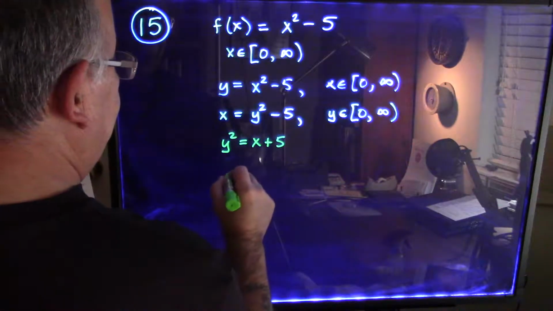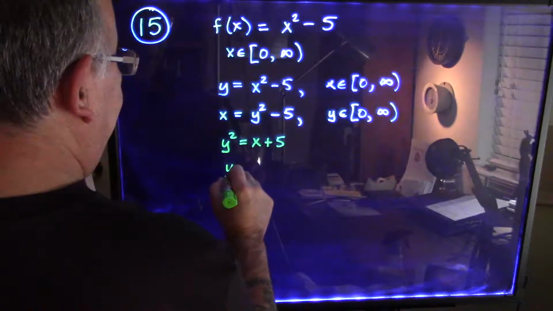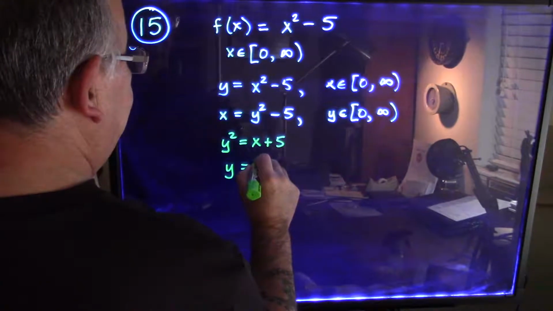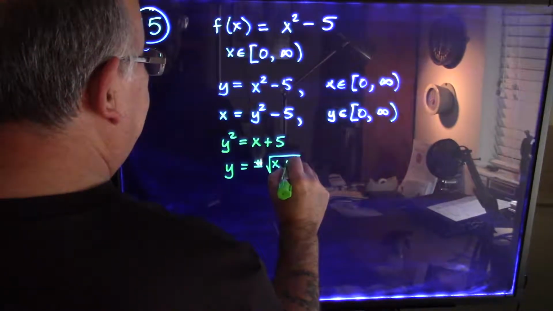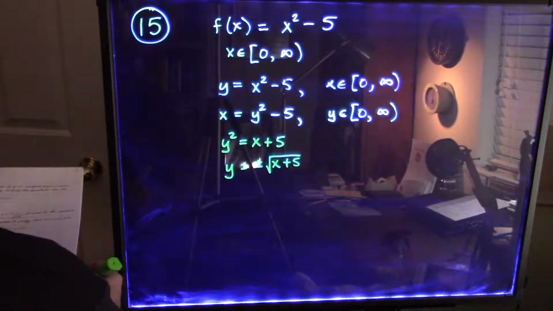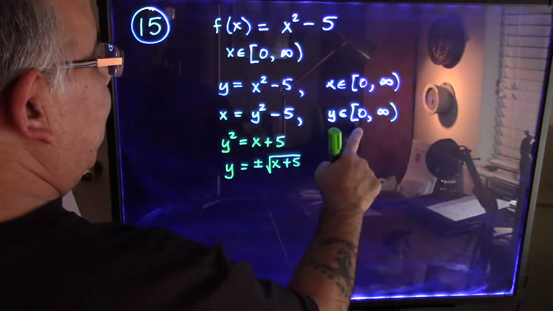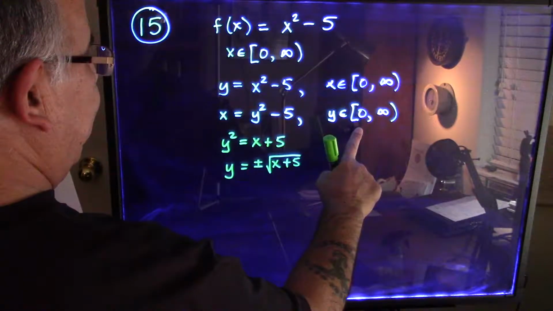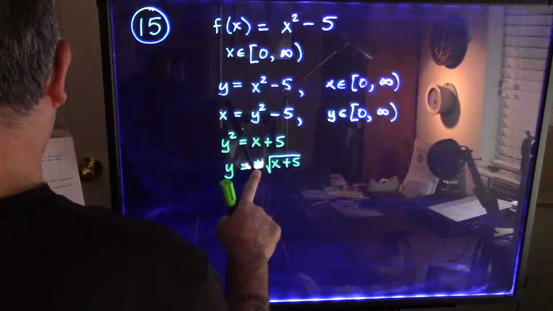And now you solve for y. Take the square root of both sides. So there's a positive and a negative square root, so you've got y equals plus or minus the square root of x plus 5. Alright? Now, again, we want y to be in this interval here. Alright? So if you take the negative square root, will that work?